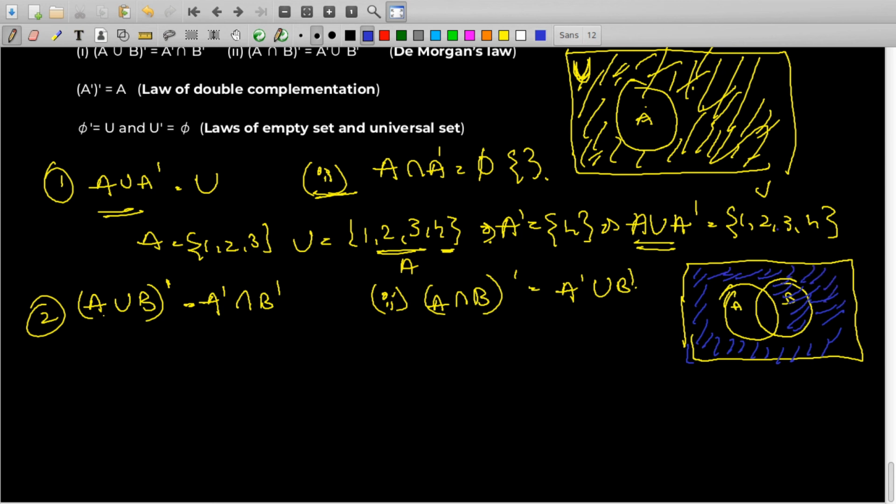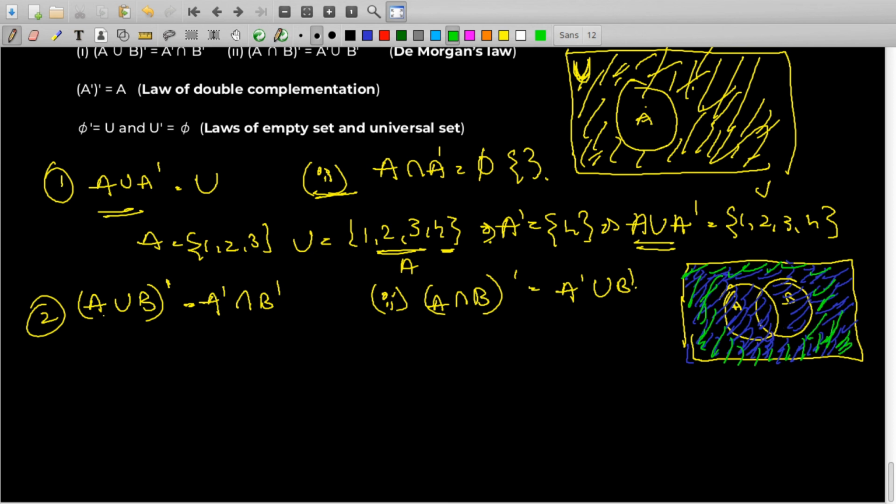And B complement is this part. Okay, without A. Now if we want to find the intersection, as we saw, in A complement B part is not there, and in B complement A part is not there. So if we intersect, we just get this area, removing A and B, which is obvious, which is also A union B complement.